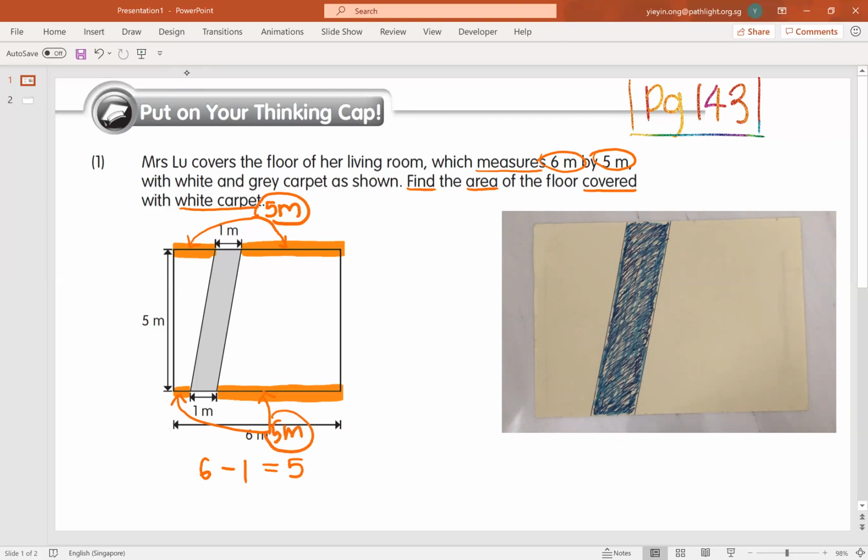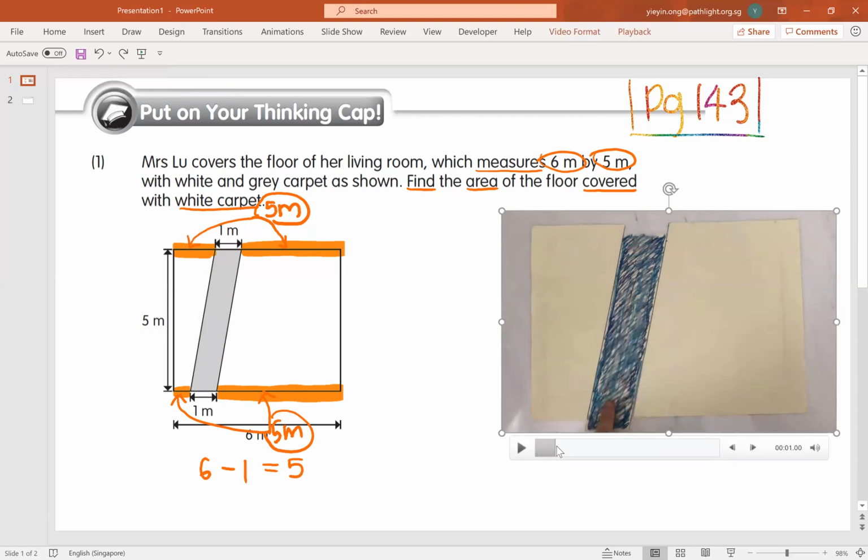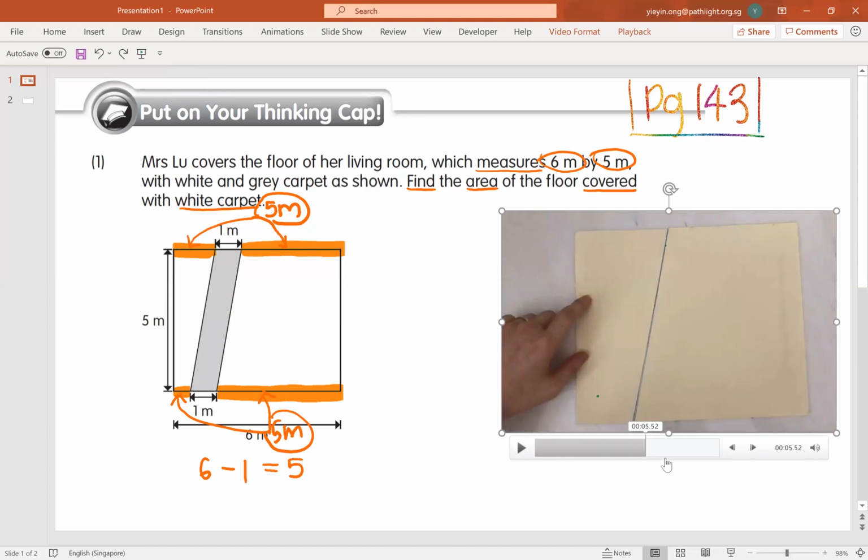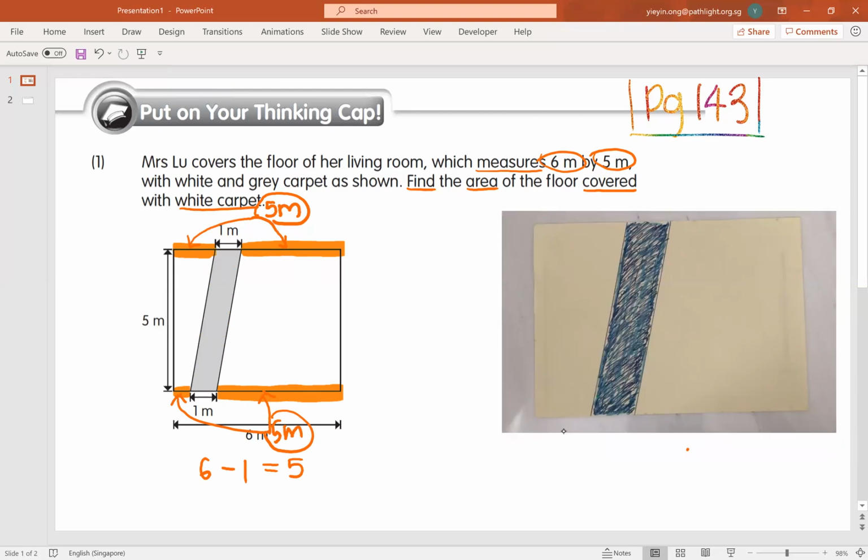Then you can see that the breadth of this rectangle does not change even after we remove this shaded gray carpet area. So it remains the same, so we don't have to do anything about that. Going back to the video to show the after. After removing the gray part, the remaining part I'm going to label.